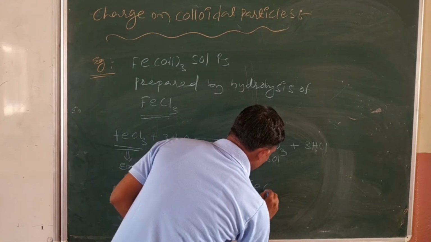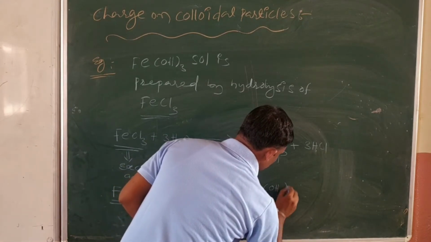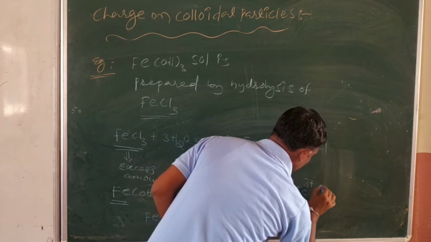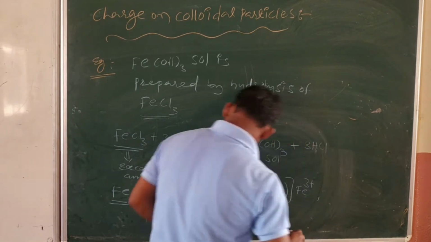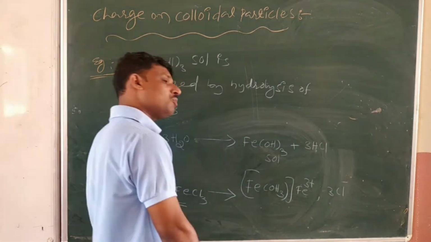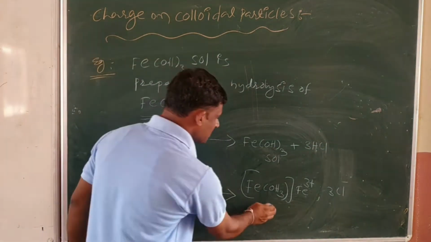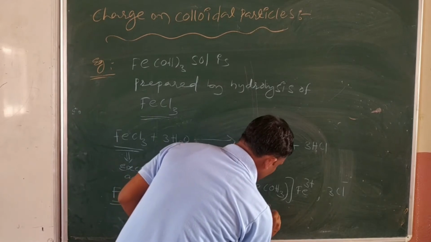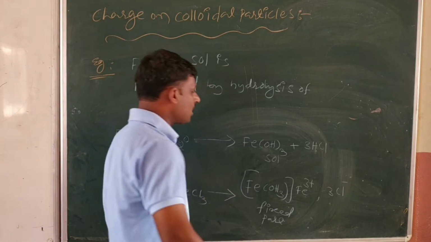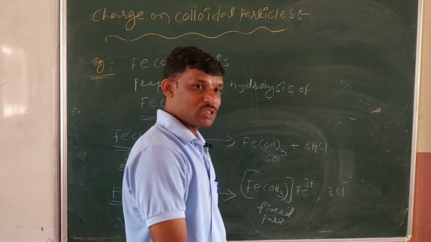Now what happens in this case? Fe(OH)3 sol plus Fe3+ and 3Cl−, means two layers are forming, two parts. This part is called the fixed part. Through this part, the colloidal particles carry the positive charge.